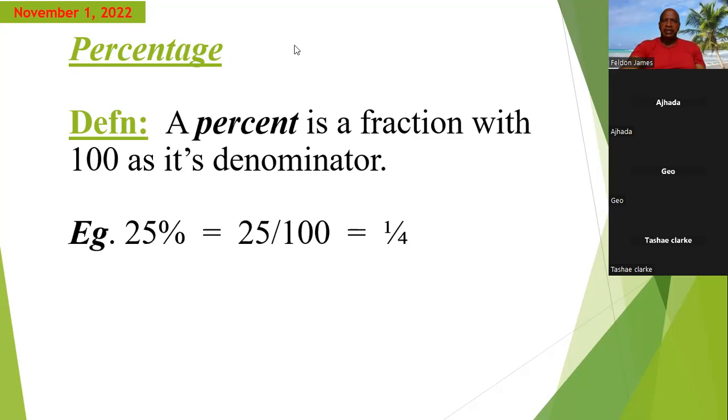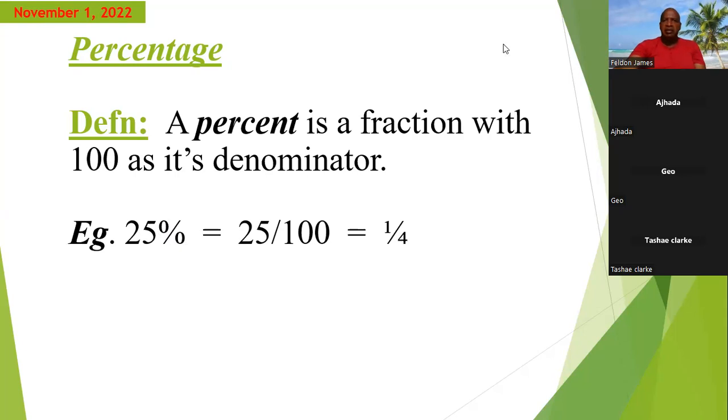If we are to write a percentage as a fraction, whatever number you get written beside the percentage symbol, you simply write it over 100. So 25% is really 25 over 100. To get it into a simplified fraction, you cancel down 25 over 100.